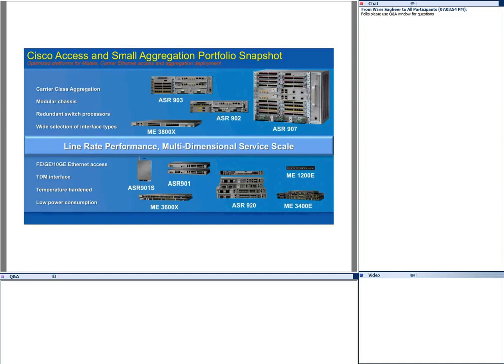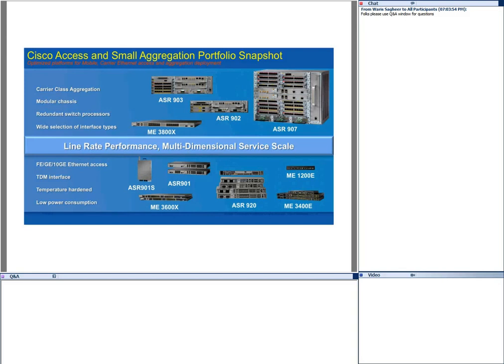We're going to talk a little bit on ASR903, which was the first modular variant, and then we introduced 902. The recent addition to that family is ASR907. The presentation mostly focuses on the newest variant which was released, ASR907, and also the new RSP3.